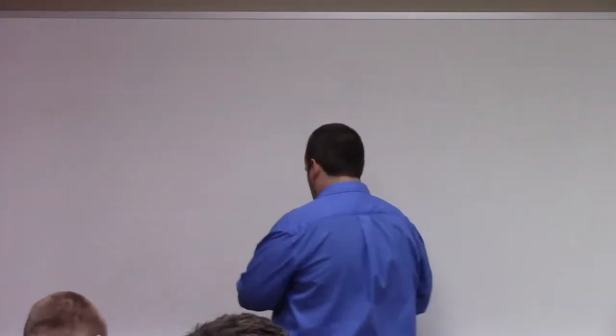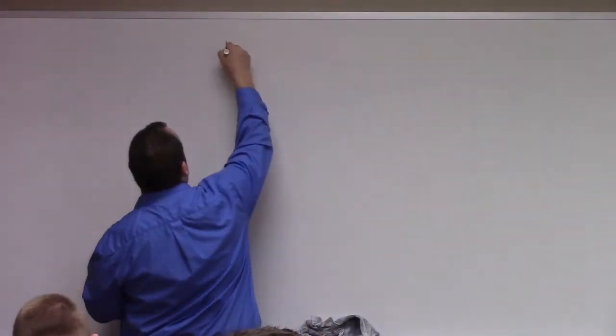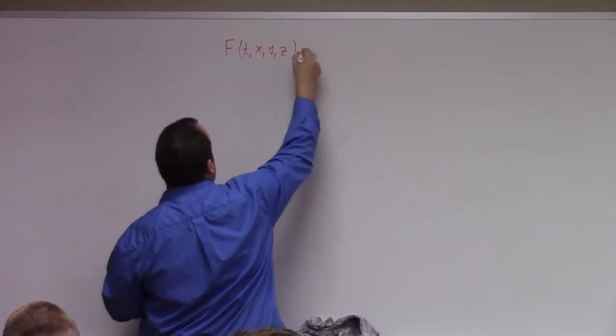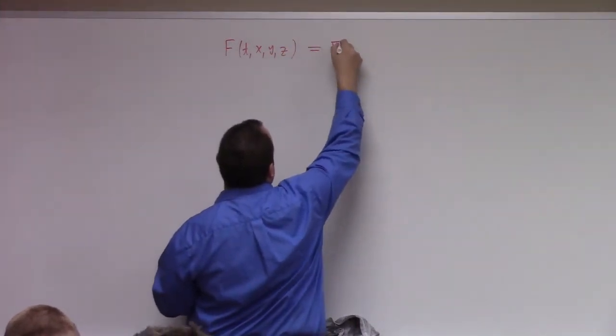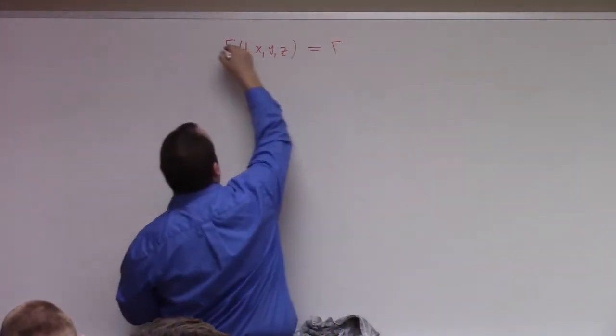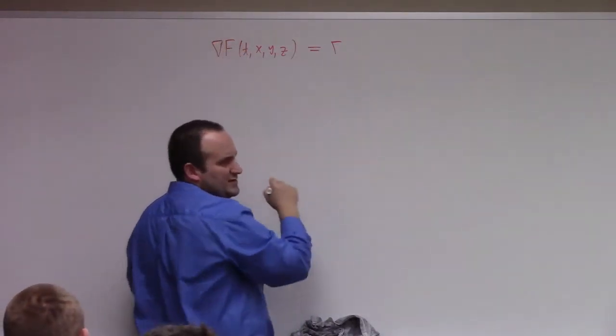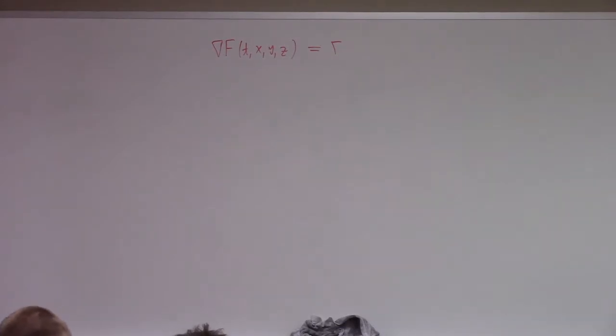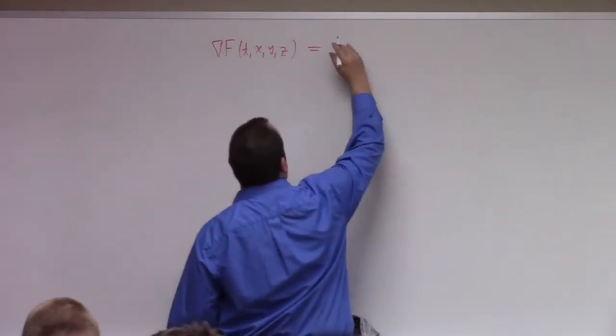So the question is something like you've got f of t, x, y, and z, and supposedly it's going to be the gradient. Oh, I'm sorry, the gradient of this. I use a big F for the vector field. What are my letters for it?